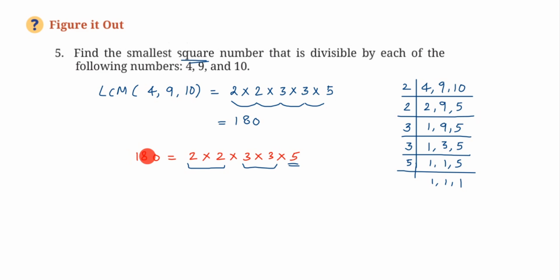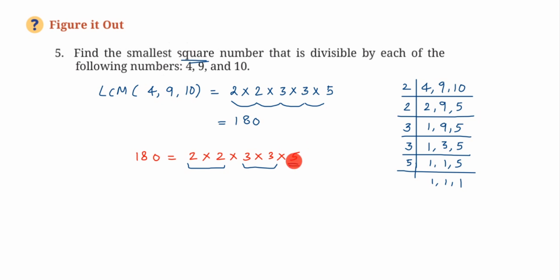This is divisible by 4, 9 and 10, but this is not a square number. We are looking for the smallest square number. So how to make this square? If the number is a square number, then the prime factors will always be in pairs. Here we don't have a pair for 5.